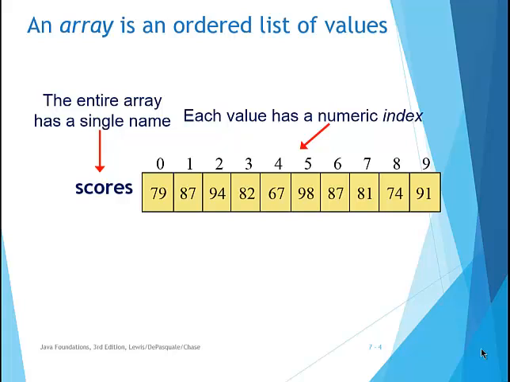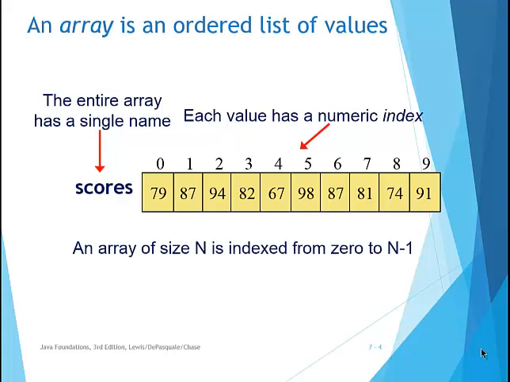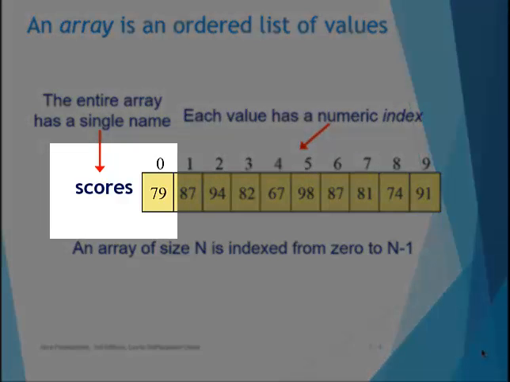Another important thing to always remember in Java, like C++, is that we always start counting from 0. So the first element in the array is array name sub-0. Notice that the first score, 79, then, is identified by the name score sub-0.